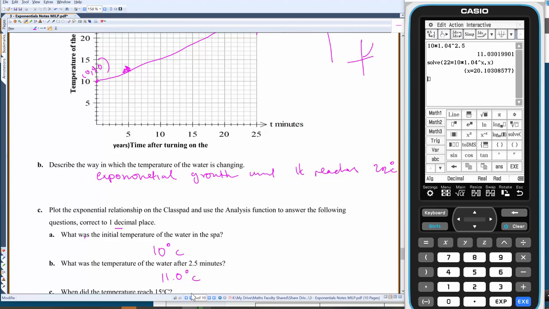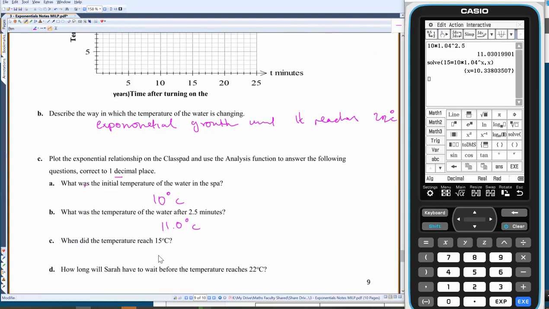When did the temperature reach 15? We can do that over here. 15 equals, so this tells us how long it takes before that happens. So it says to one decimal place, so we're going to adhere to the rounding. I'll just put my working out: 15 equals 10 times 1.04 to the power of x. x equals 10.338... Therefore, 10.3 mins.